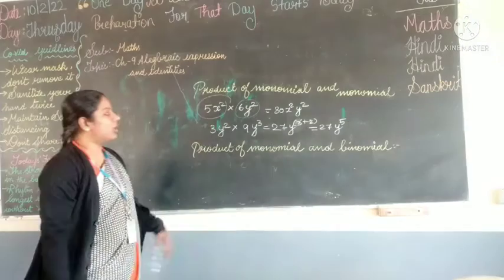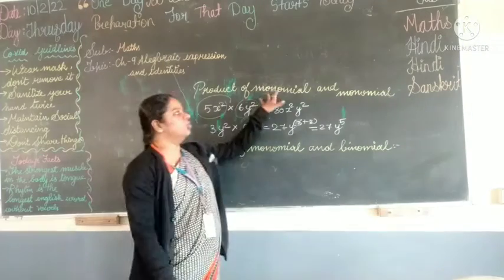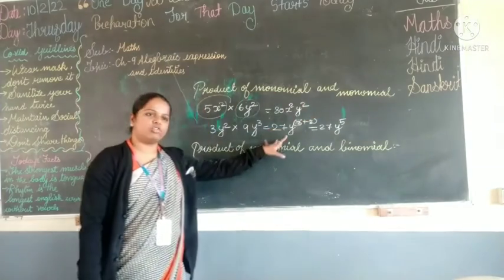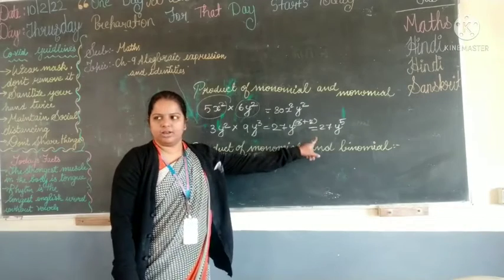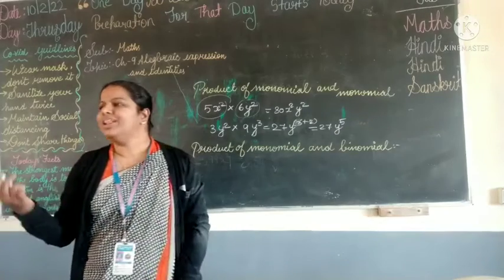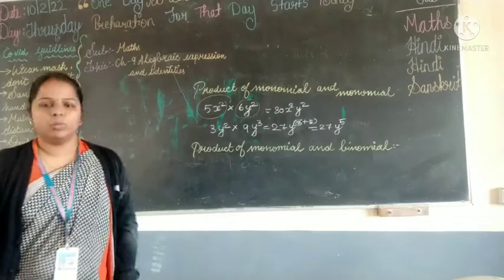When you multiply two monomials, the answer is also a monomial.